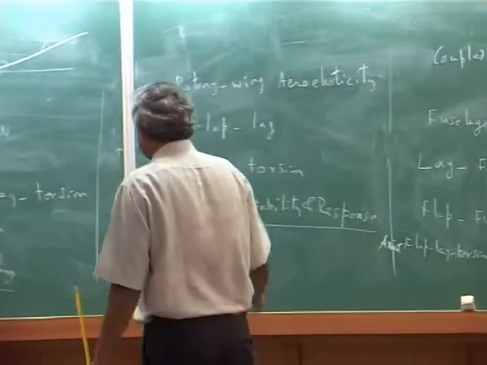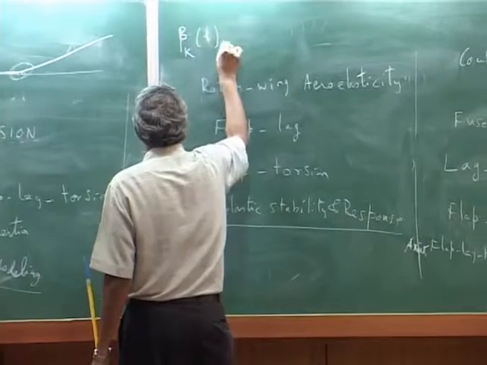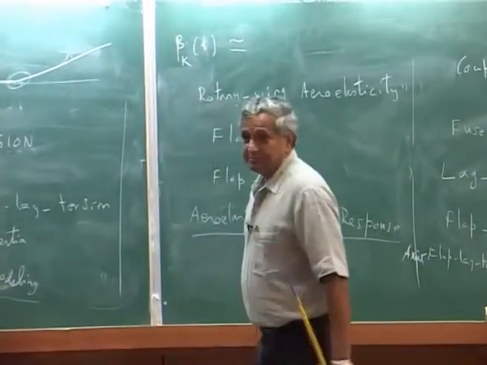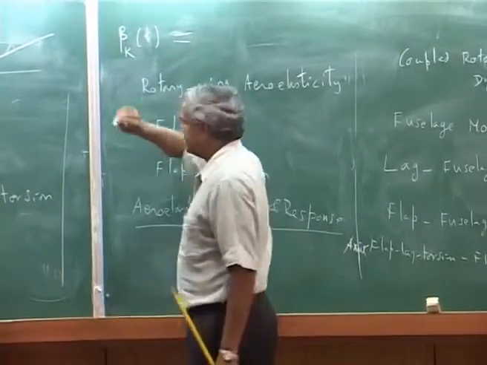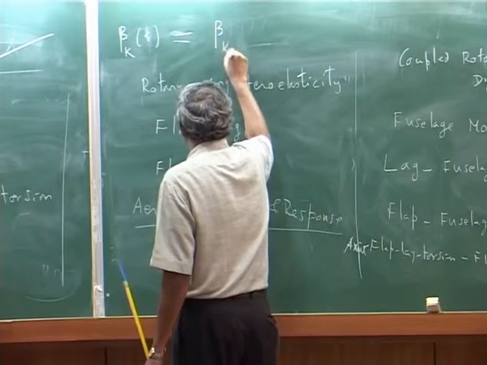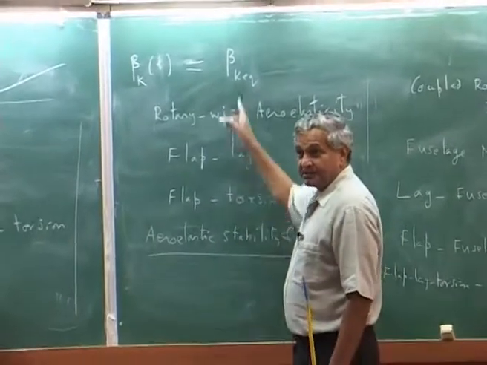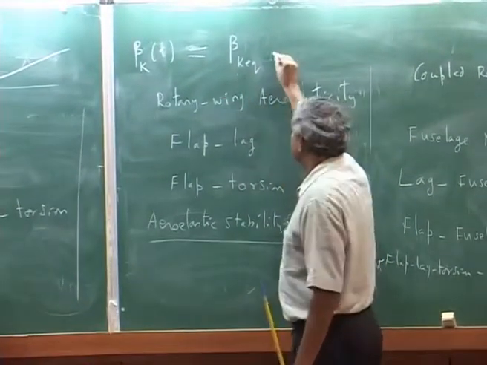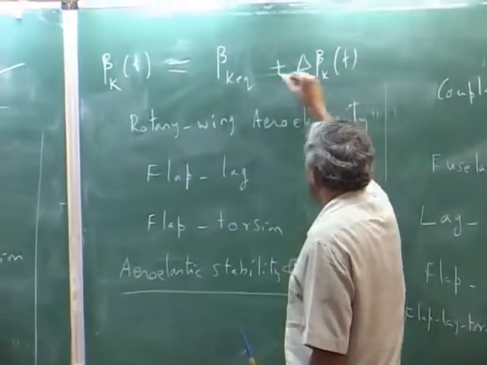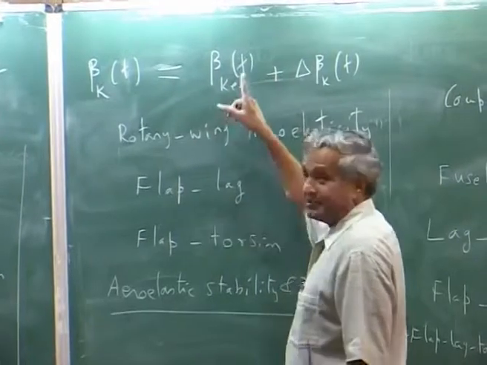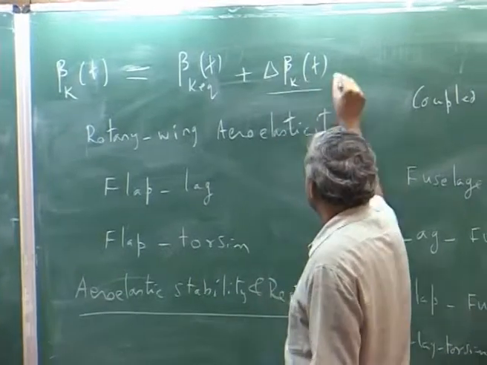It is going to be, if I say beta k, which is a function of time, I am going to write it, actually not even an approximation, I will put it equal to beta k equilibrium, which can be a function of time, plus a perturbation; please note that this can also be a function of time.